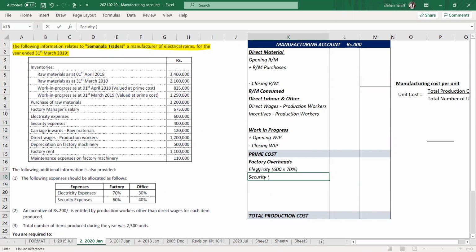Security expense, 400, 60% to the factory. So if you're done with calculations, let me know the total production first. Then I can start explaining the answer.